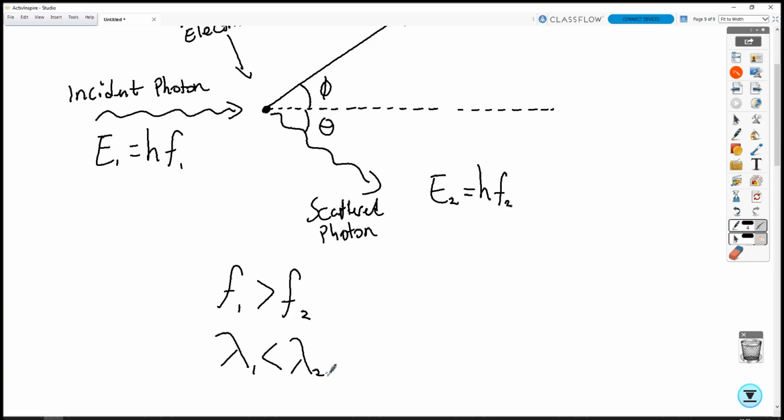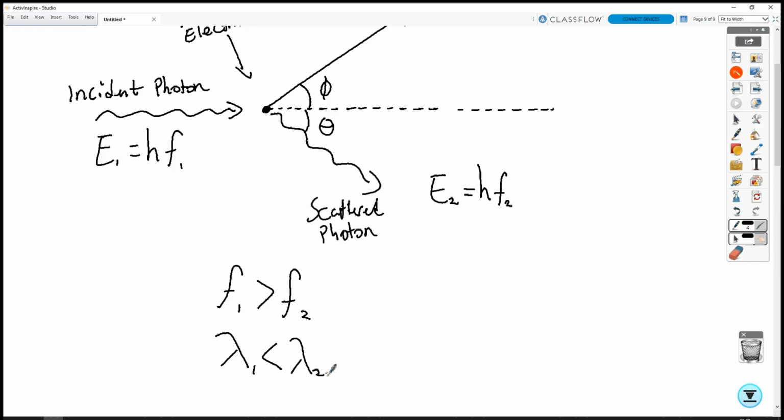The electron then gained momentum both horizontally and vertically. So in this diagram, you can see it's gained horizontal momentum to the right. It also gained some vertical momentum upwards. The scattered photon carried on having some horizontal momentum to the right, and it had some vertical momentum downwards.